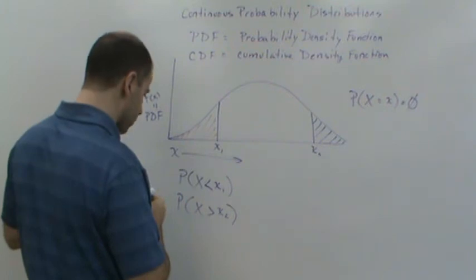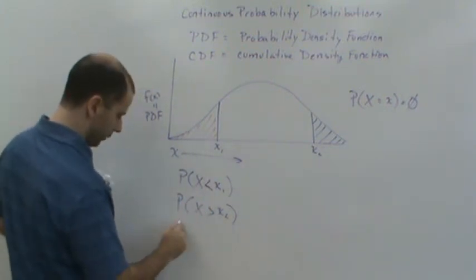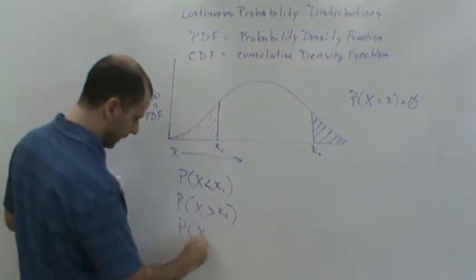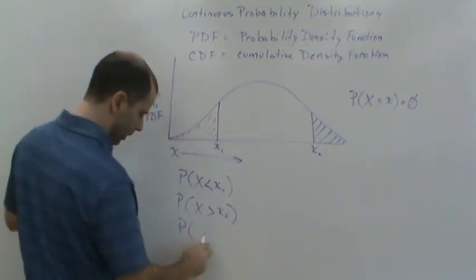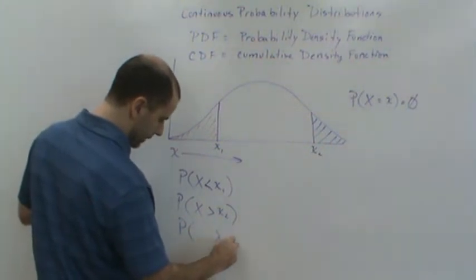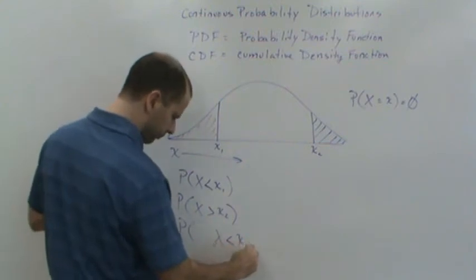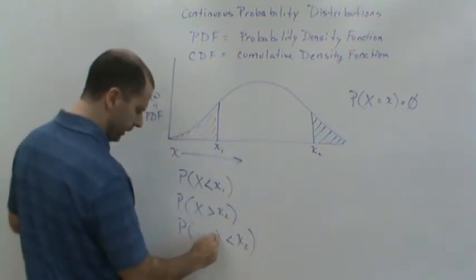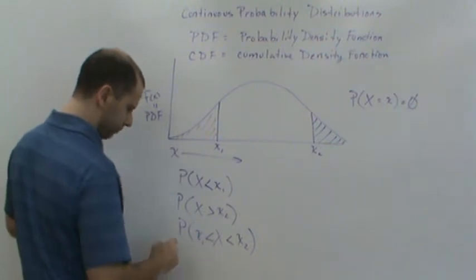Or we might be interested in the probability of being between two values, right? So the probability that x is less than, excuse me, x2 and is greater than x1. Right?